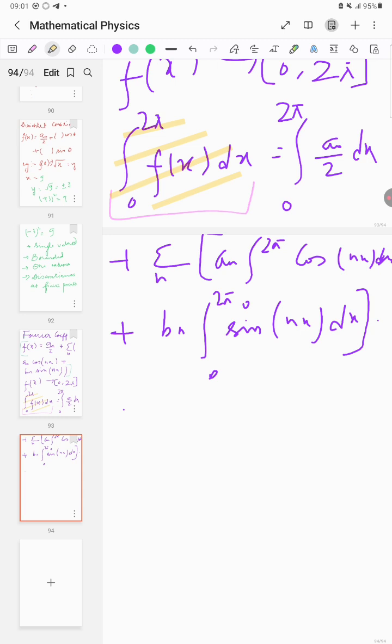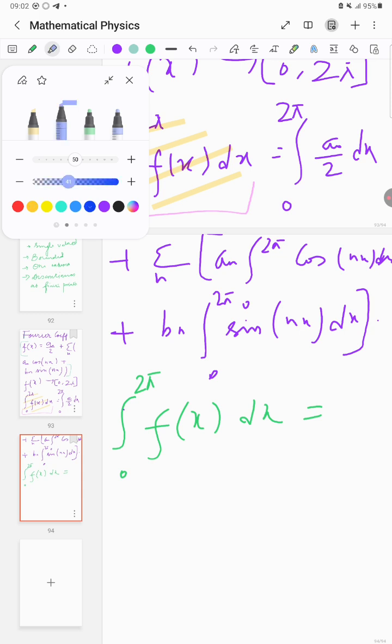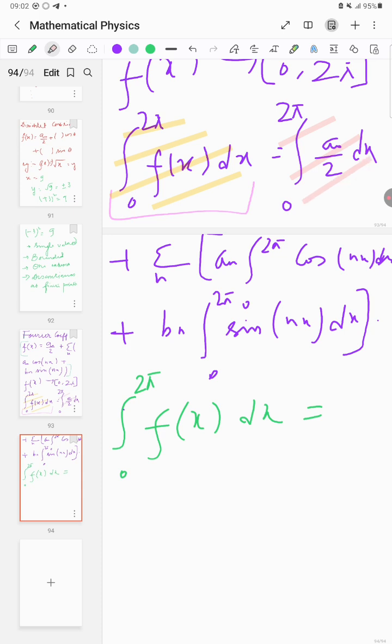Integration 0 to 2 pi f of x dx is equal to, now the first term on the right hand side is this one, right?